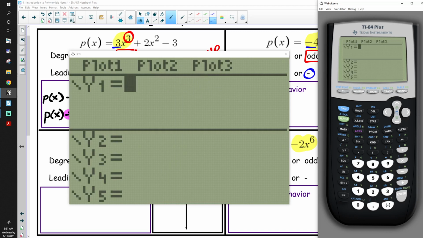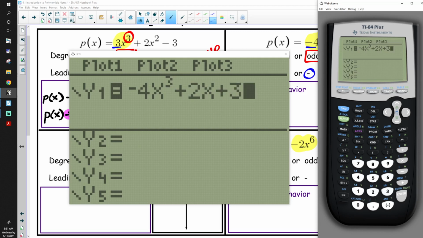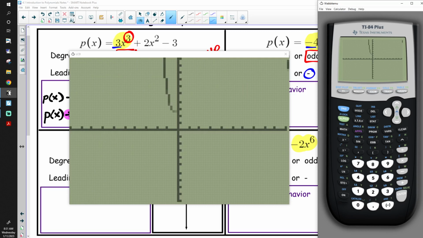And let's type her in. -4x, gotta use that caret, to the power of 3 plus 2x plus 3. And again, we're just sketching the graph. It doesn't need to be a perfect graph, just a sketch of it. Looks similar.